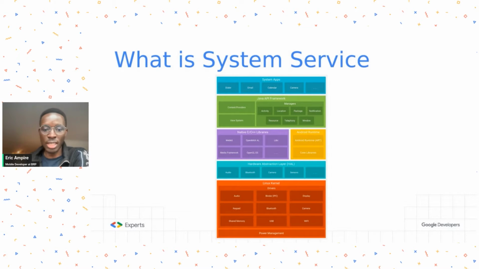You can see, from the bottom to the top, we have different layers. Most of the time, as Android developers, we work with the top layer, the layer that contains all the APIs that we need to build our application. But at the bottom right, you can see there is a kernel that holds the binding to the hardware of your device.